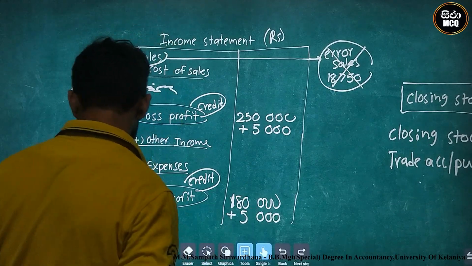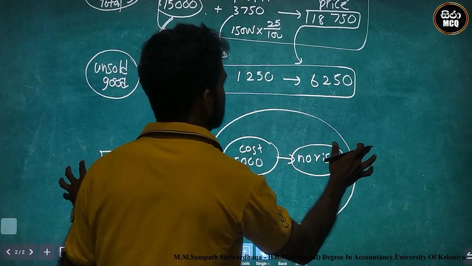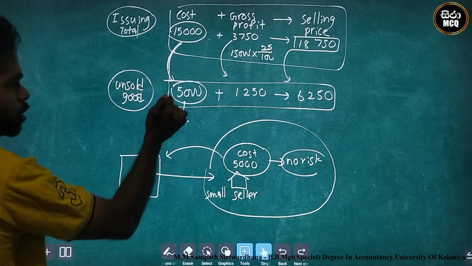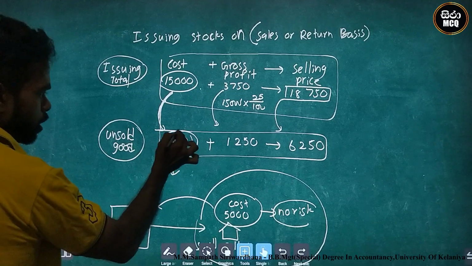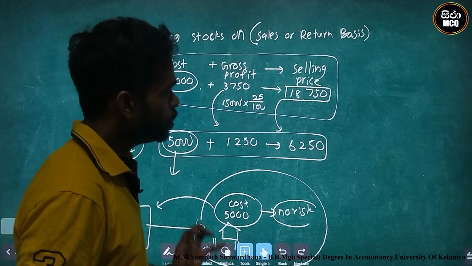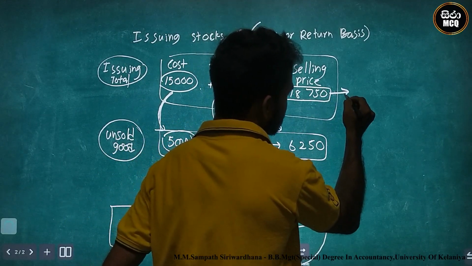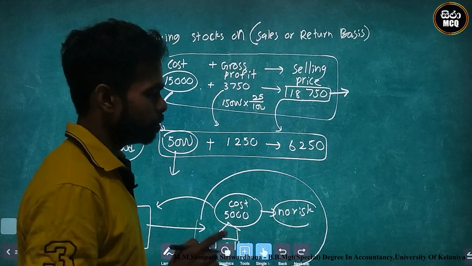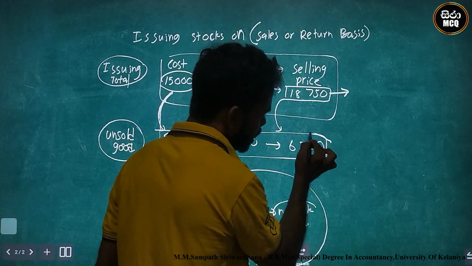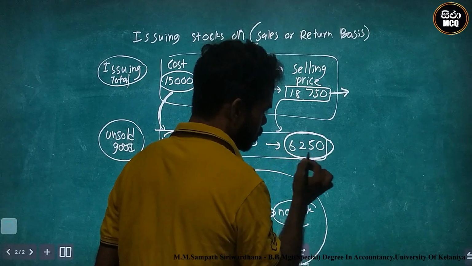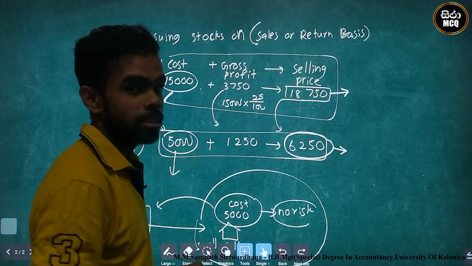Okay, again, another one is this wrong area. We identified what is this unsold goods. You know, the selling price is already identified as a sales, but the selling price of the unsold area is there. Therefore, we must eliminate this unsold goods selling price.